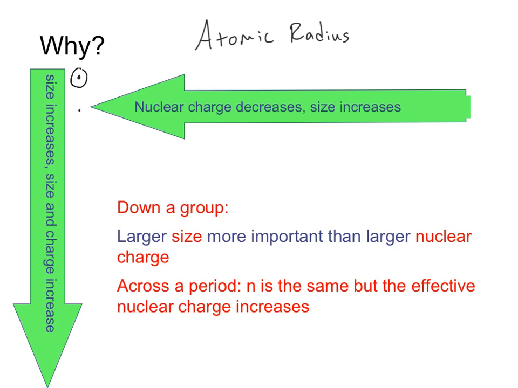Period 2, lithium, beryllium, boron, and so on, we have 2 Bohr shells, and so on down the line. And so our outer electrons are moving into further and further out Bohr shells, which will increase the size of the atom.